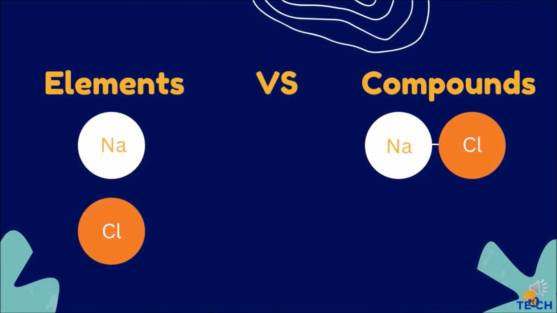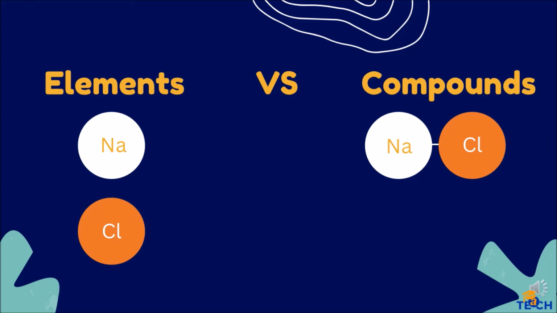Here we have an illustration that will help us understand better the difference between elements and compounds. So we can see circles here, and what do they signify? They are atoms. Under the elements, we have the white colored atom that signifies what element?